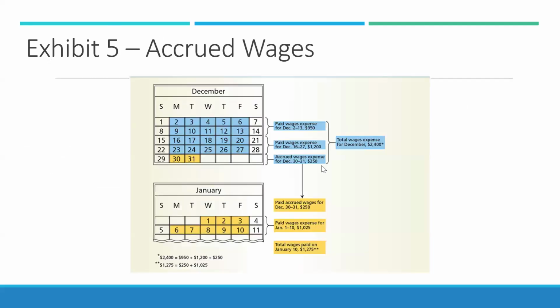So you see, the pay periods happened every Friday. But since the end of the year is on the 31st, we need to take these 2 days that they'll get paid in January, but they incurred that expense now. We incurred that expense now. We need to show that. Make sense?